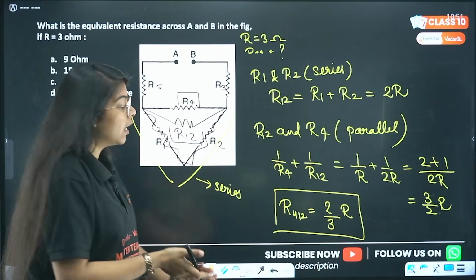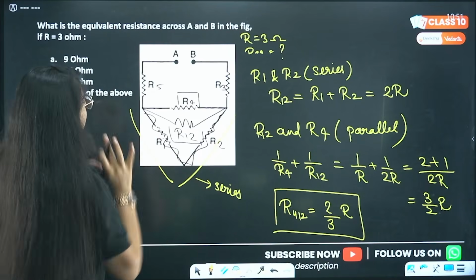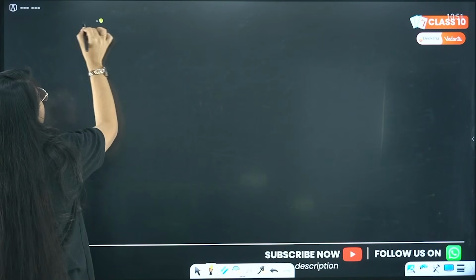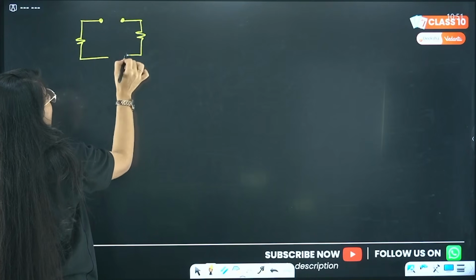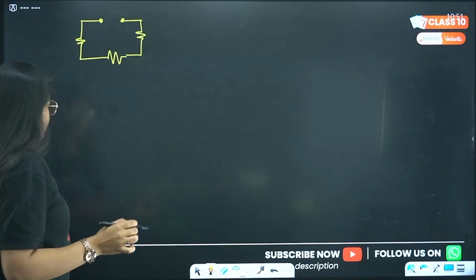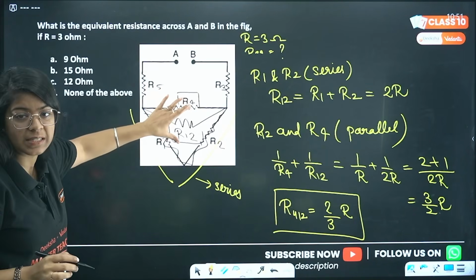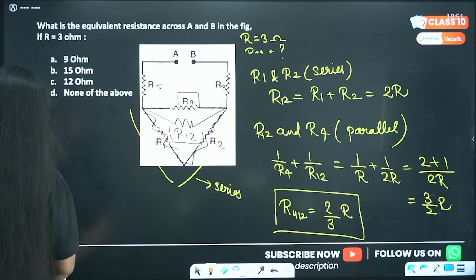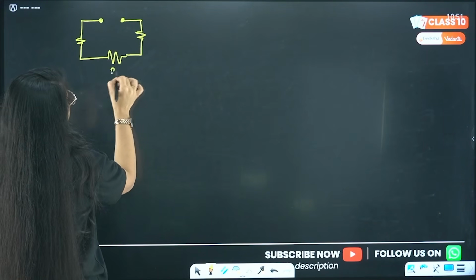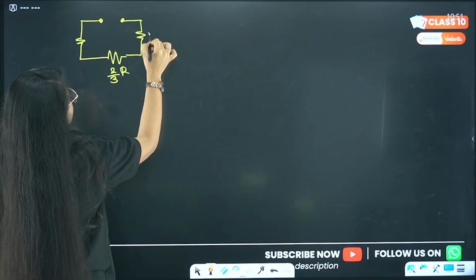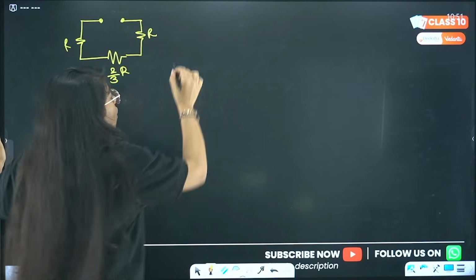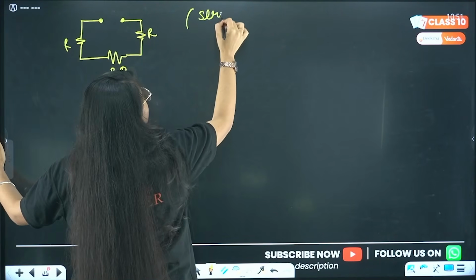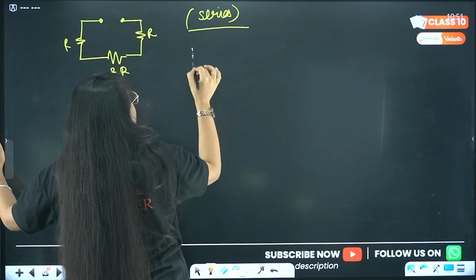Correct? Understood? Now, let us make this diagram again. Okay? So this is A, this is one resistance, this is B, this is another resistance, and this is the total resistance of these two resistances. Correct? Understood? So we have this as 2 by 3R and this is R and R. Now all these three are in series, right? So we'll just add them.